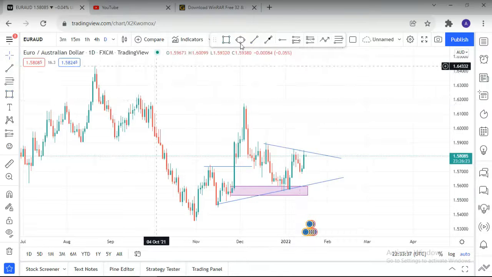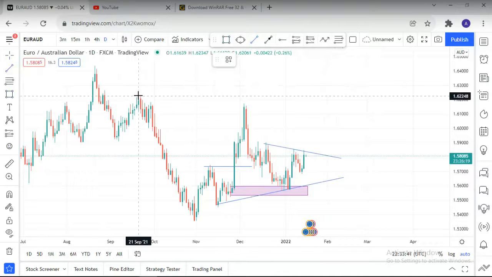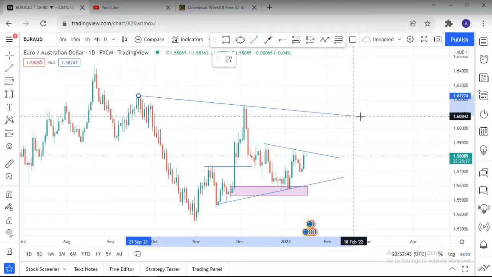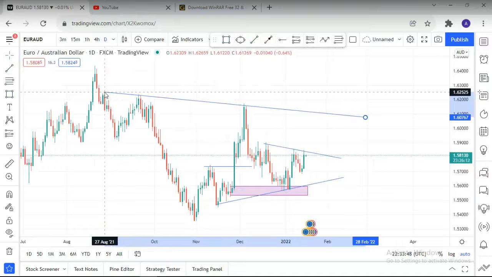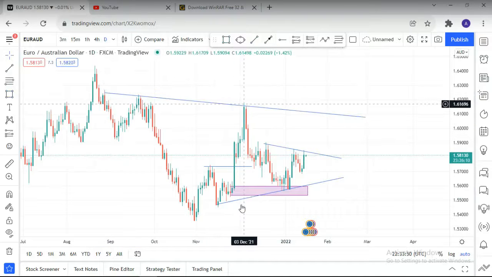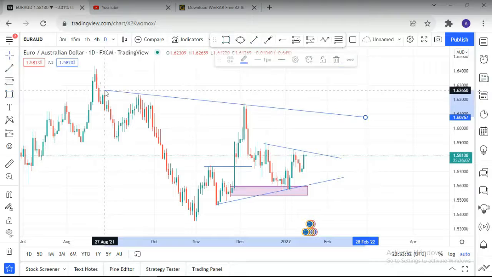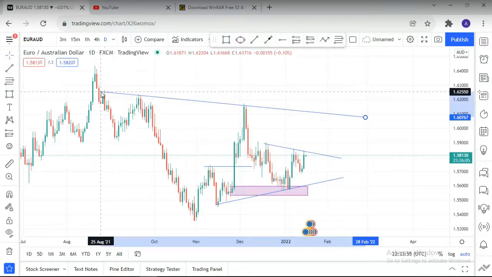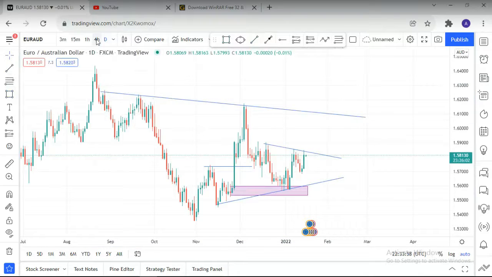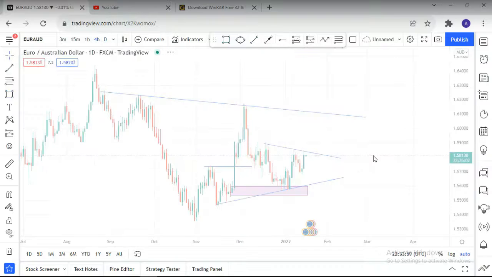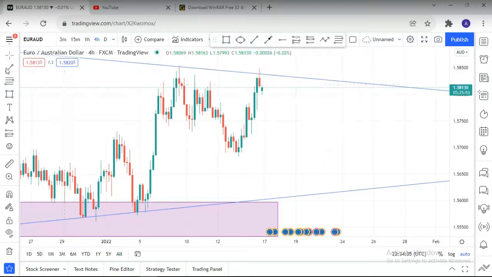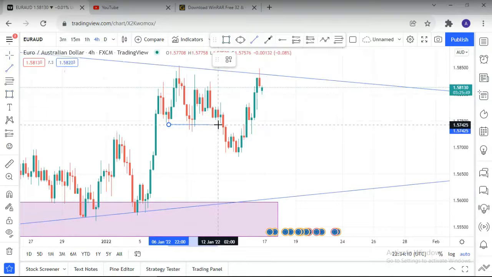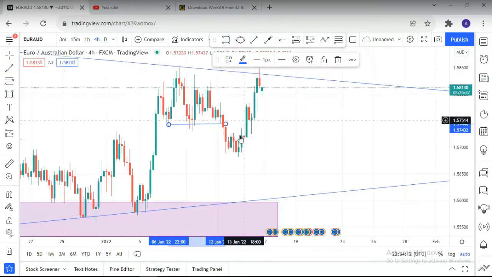So let's take a closer look at the lower time frames as we run through our top-down analysis. Let's go to the 4 hours. On the 4 hours, we've had these equal lows, and both of them have been taken out at this particular spot.